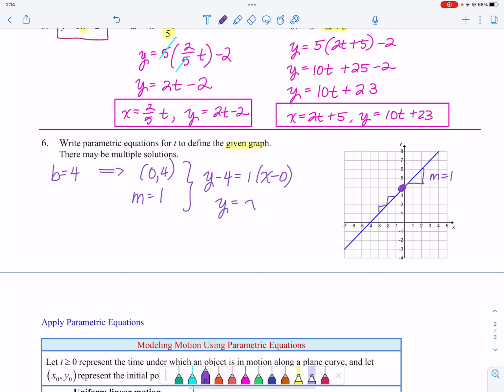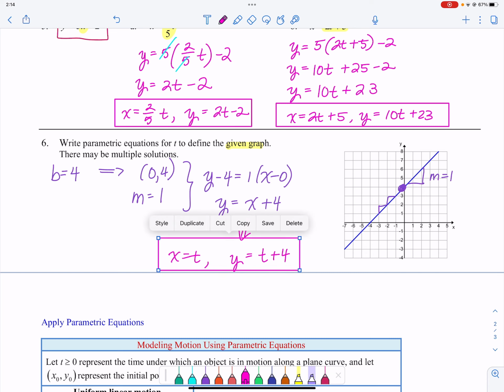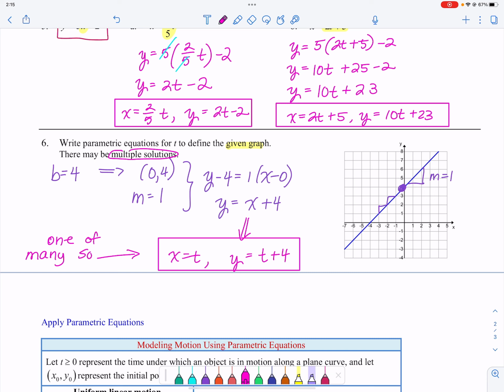Or you can have y equals x plus 4. So if we let x equal t, then we will have y equal to t plus 4. And there are several solutions. Keep in mind there may be multiple solutions. This is one of many solutions.